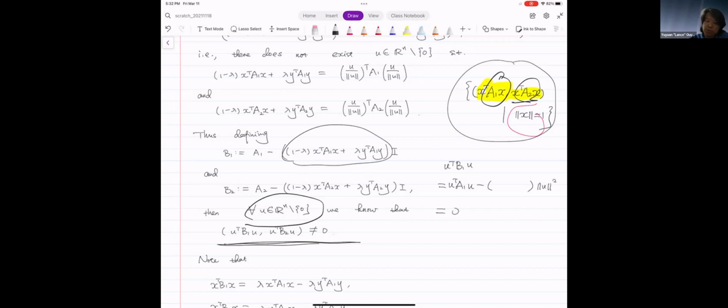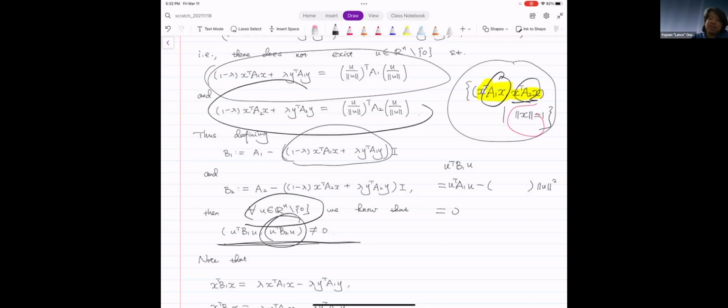And if this is equal to 0, that means this equality is true. Okay, and then the second coordinate equal to 0 means that this equality is true.